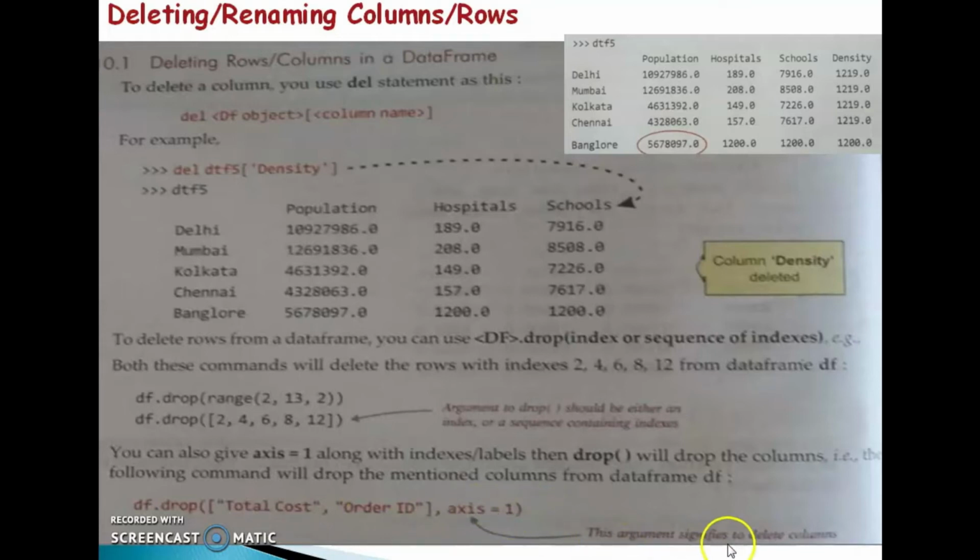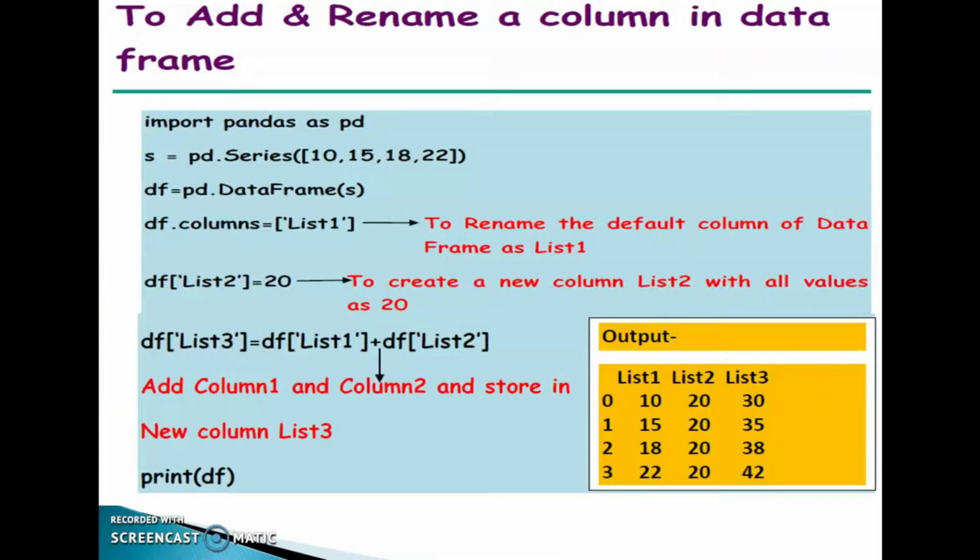This argument signifies to delete columns. So these two columns, total cost and order ID, we have to delete from this df object. Clear this one? Then check this one.